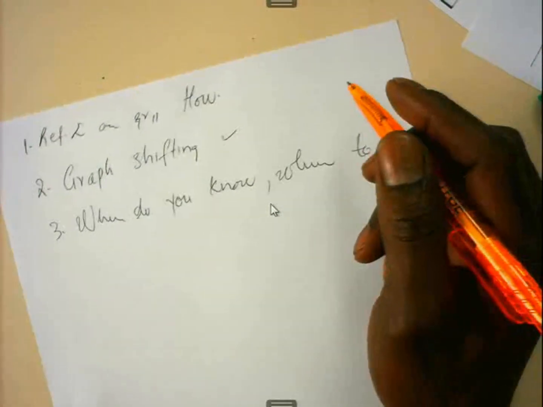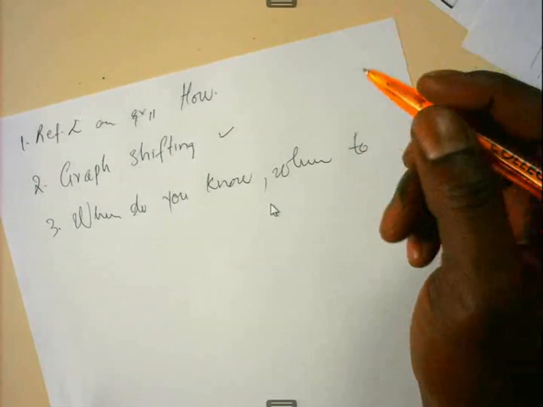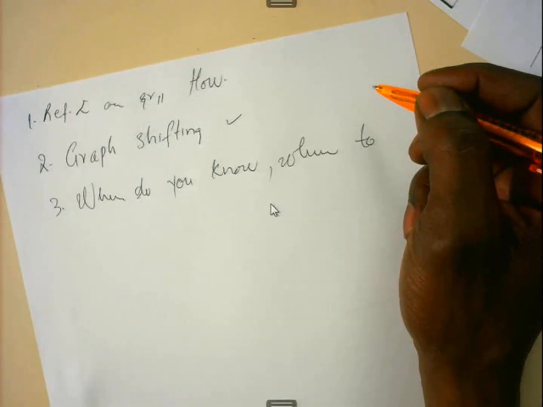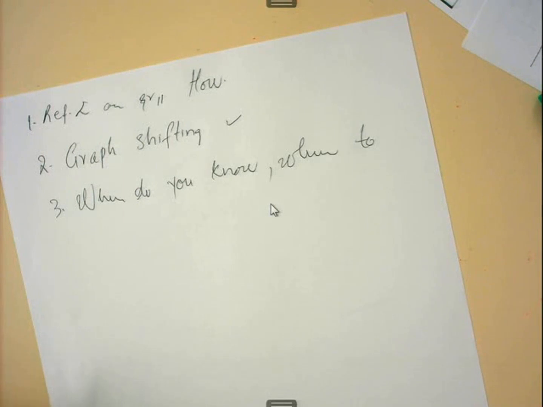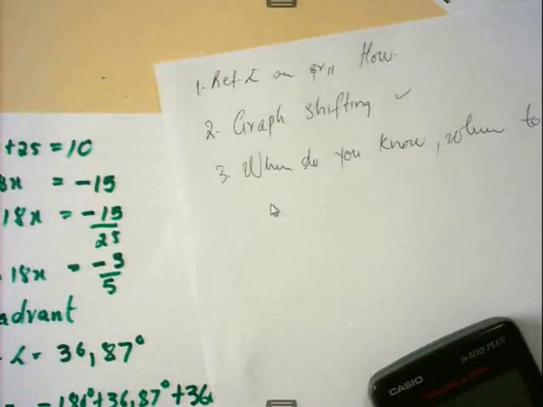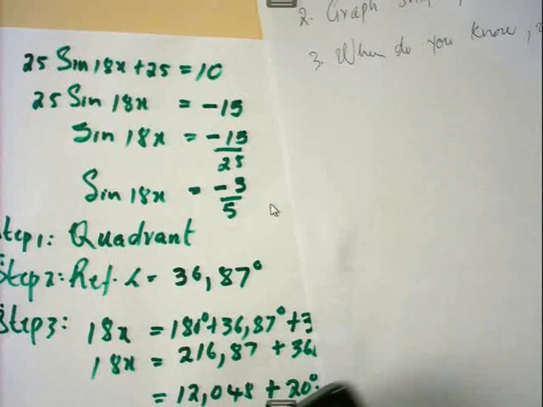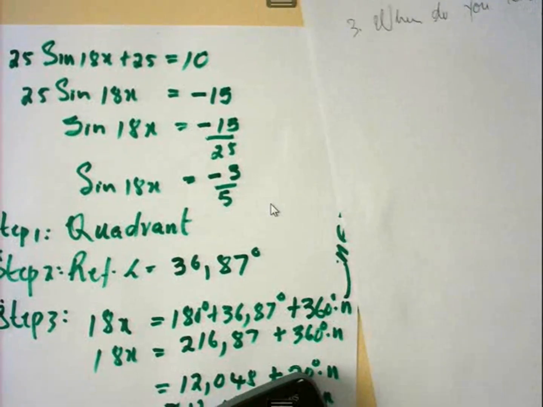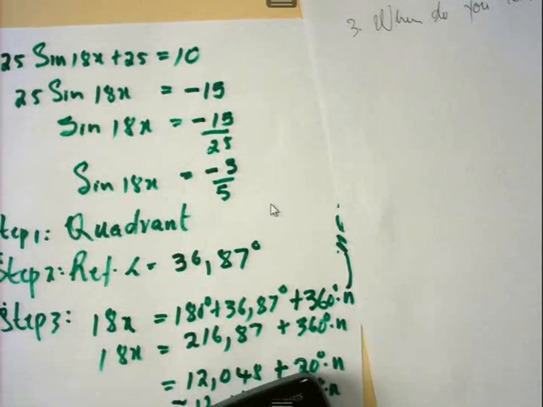Okay, let's go to the questions. The first question was asking on how to find the reference angle, especially on that question of grade 11. This is going to be really a mathematician, he or she is interested in practical things.